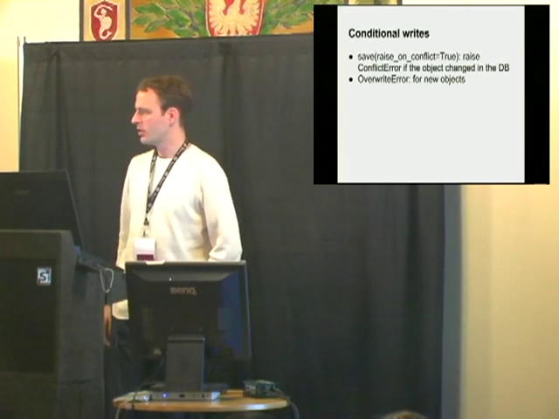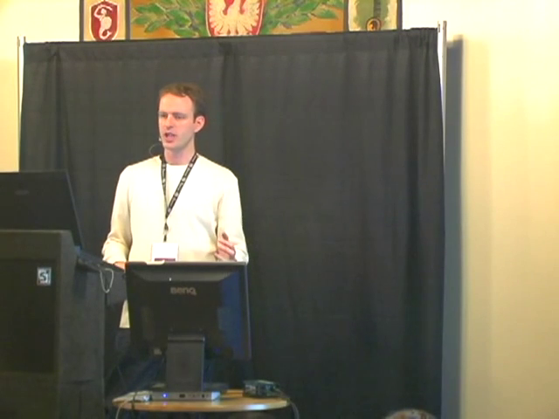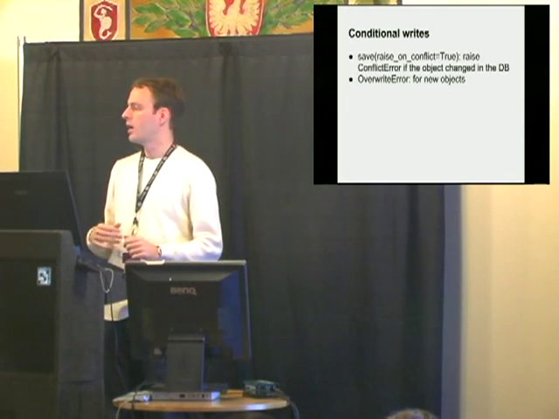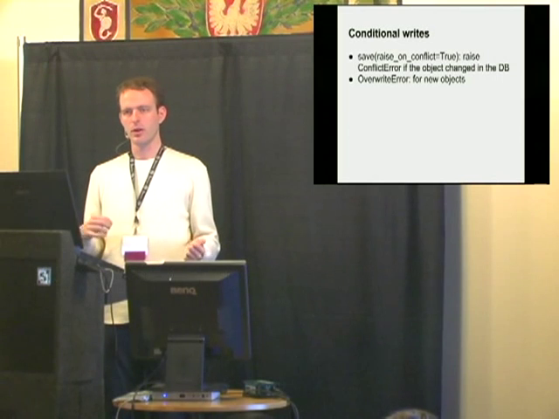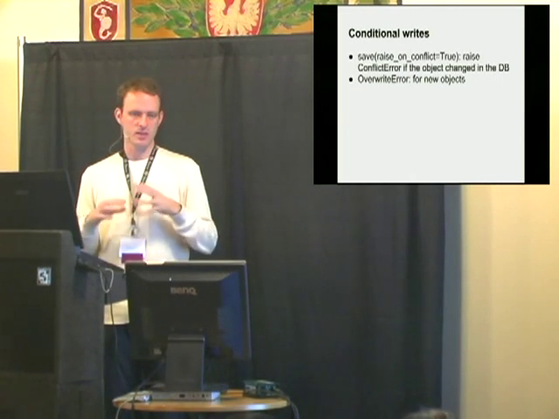We also made conditional writes easier. We shortened the whole thing to a single flag called raise_on_conflict. If you just created your object and you save it with raise_on_conflict, it will make sure that an object with this primary key doesn't exist in the database.